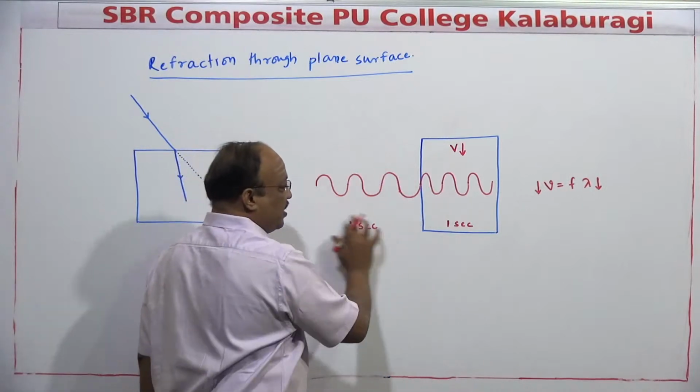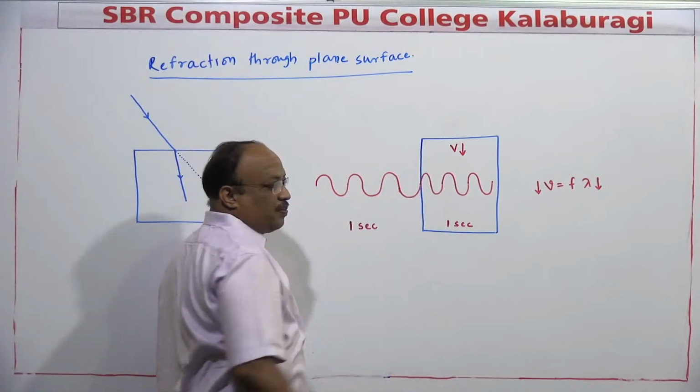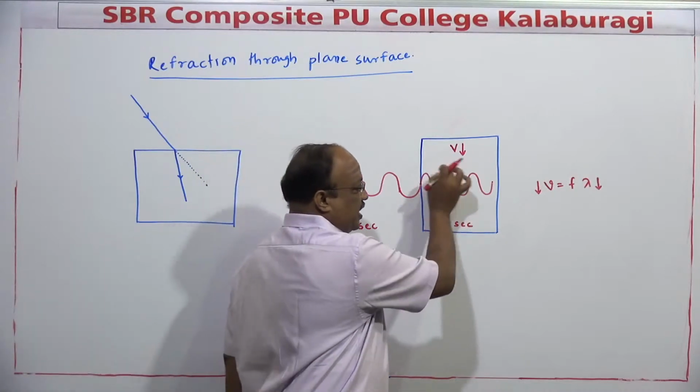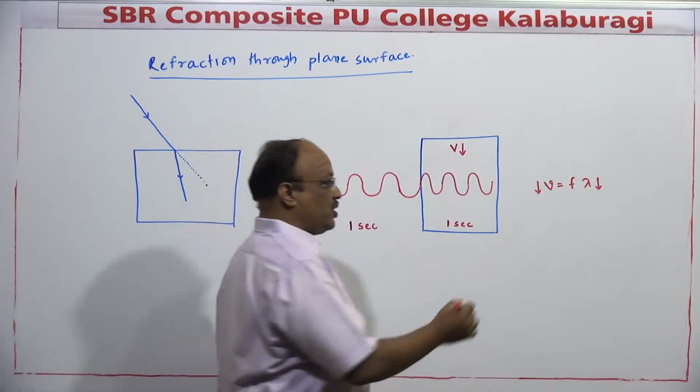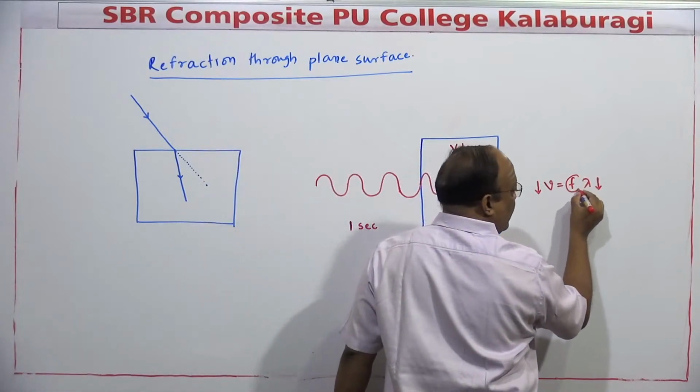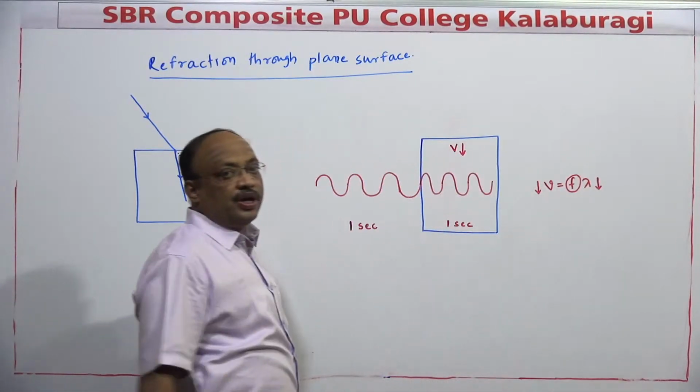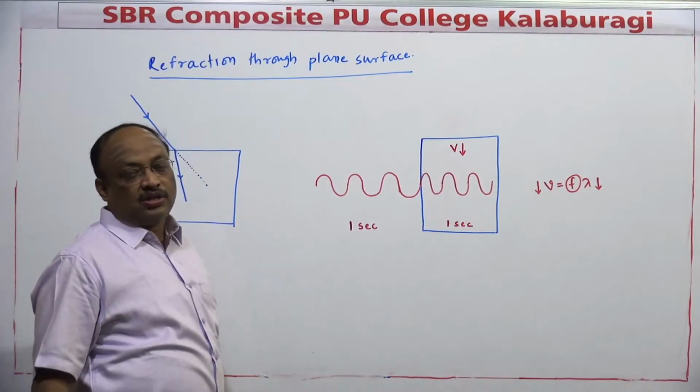In 1 second here, 3 waves are passing. In the same 1 second, 3 waves are passing in this medium. So the frequency of the wave remains constant.